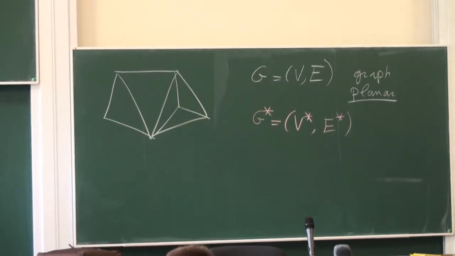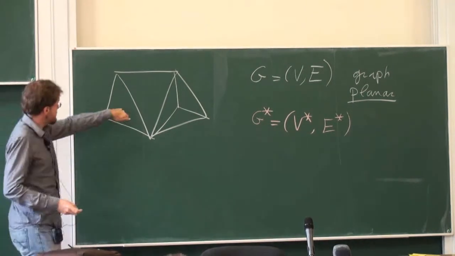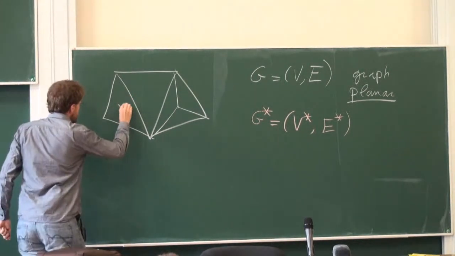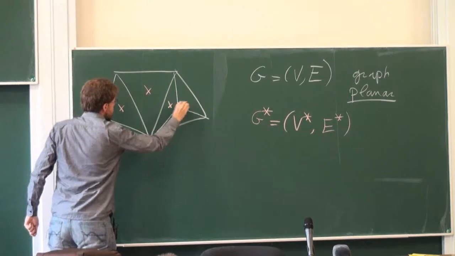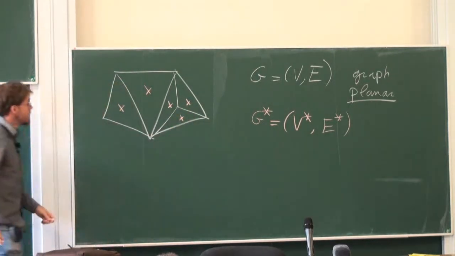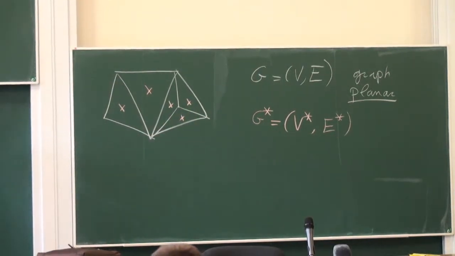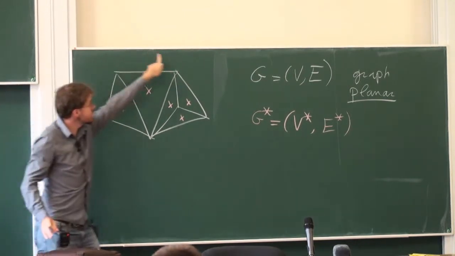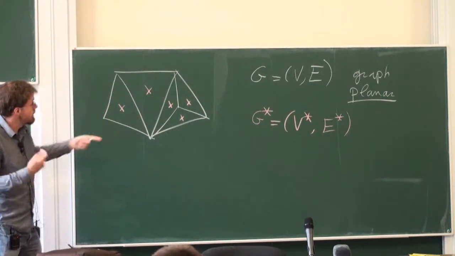The vertices of the dual graph will be the faces of the initial graph. So here the vertices of G star are these. G has an outer face, which is the infinite one, and G star will have a vertex here.